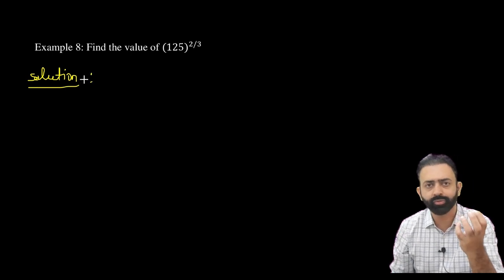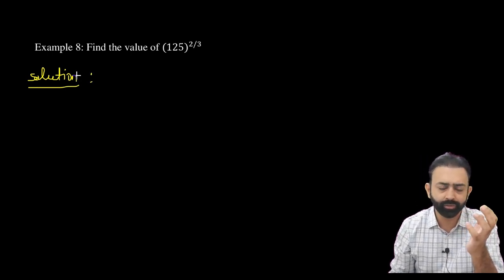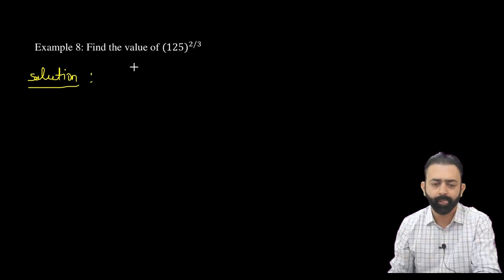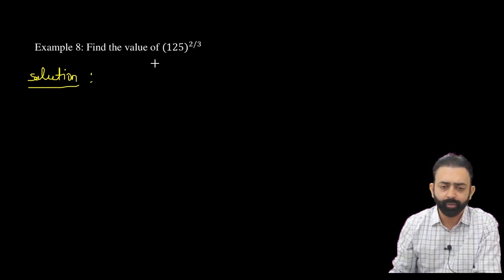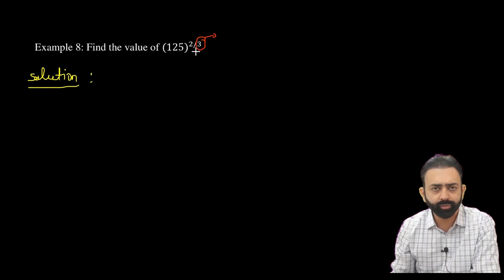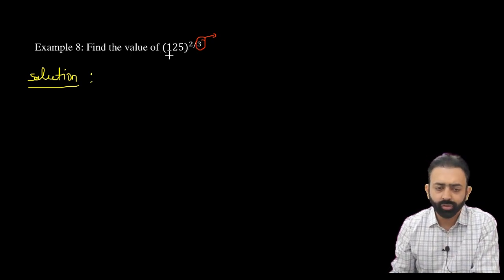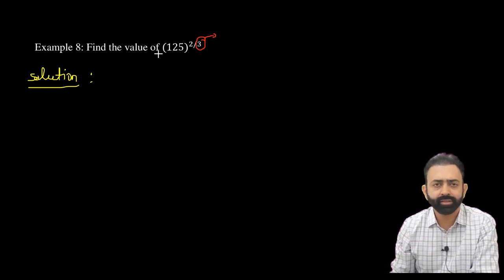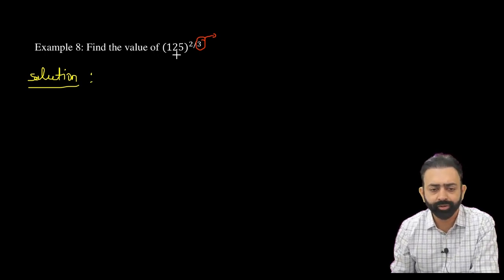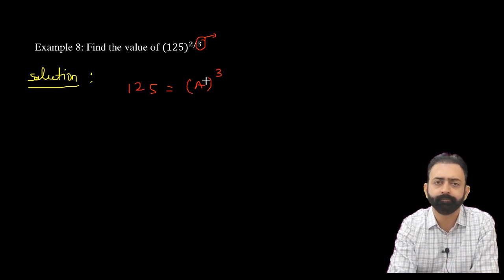The method which I used to follow, there can be other methods also, but this looks easier to me. You look at the denominator of the fraction exponent, which is 3. Please listen carefully: this number 125 should be written as some other number whose exponent should be 3.